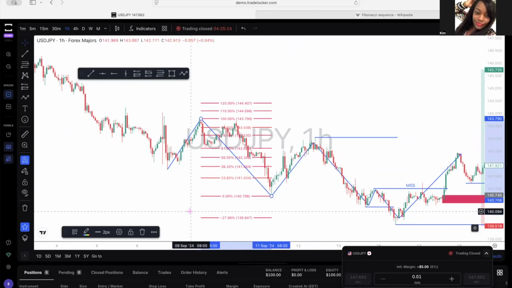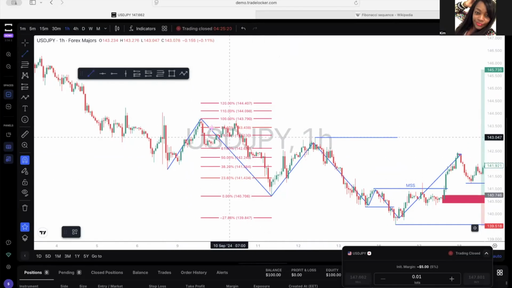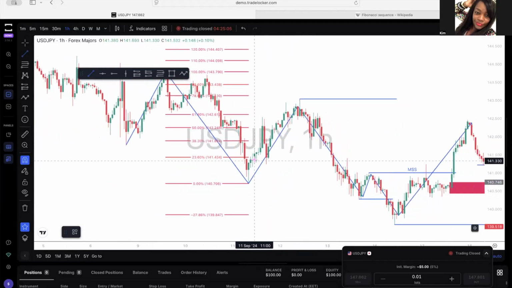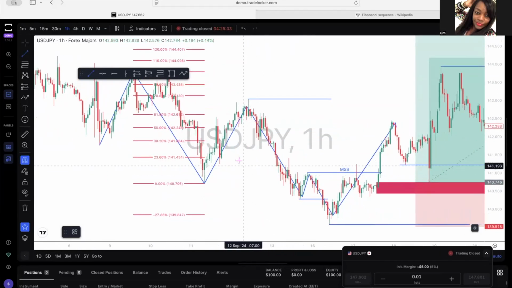And if you look over here, price is going bearish. So you're going to be looking for bearish movement. Now you could have waited for price to break this zone here, like this was a break of structure, right?